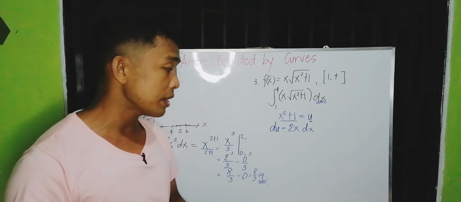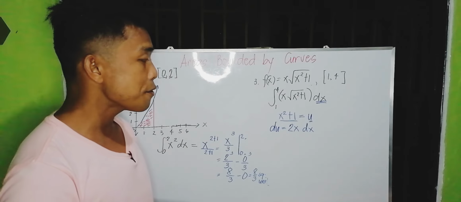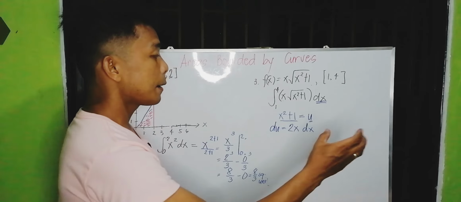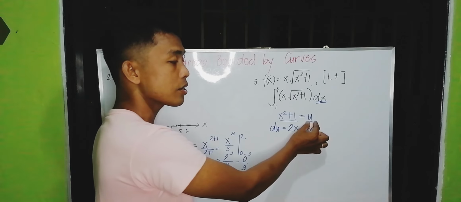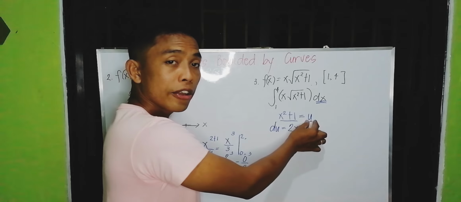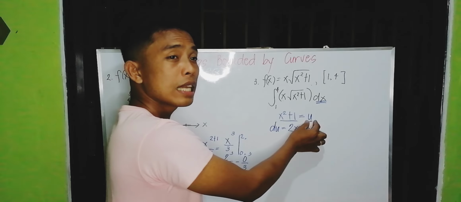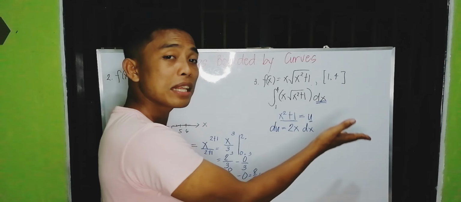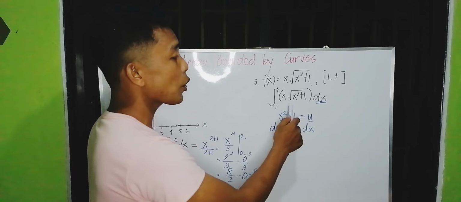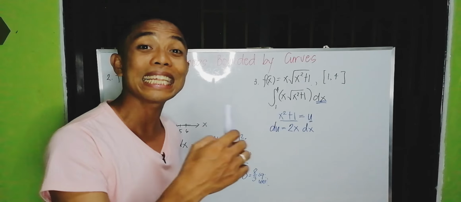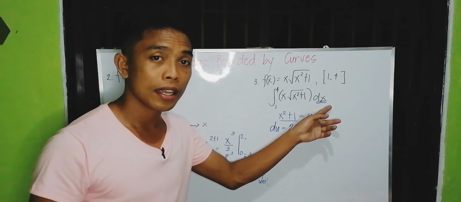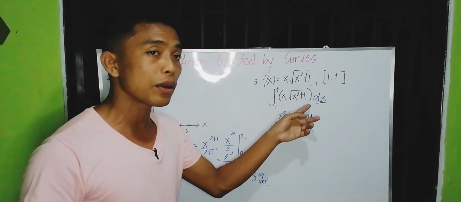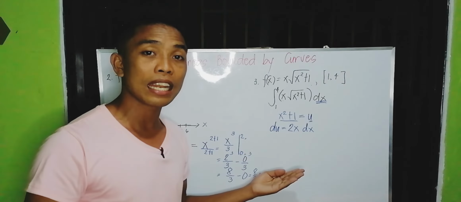Saan gagamitin yung derivative? Ginagamit siya if you are only finding the expression inside the radical sign. Okay? Kasi nagkaroon ka ng representation of another variable. Bakit mo gagawin ang derivative niya? Antiderivative nga ang hinahanap because your problem is already expressed as a derivative, which is dx. Derivative na siyang dati. Kaya kung gagalawin mo yung nasa loob ng radical sign, dapat derivative din ang may express mo sa kanya.